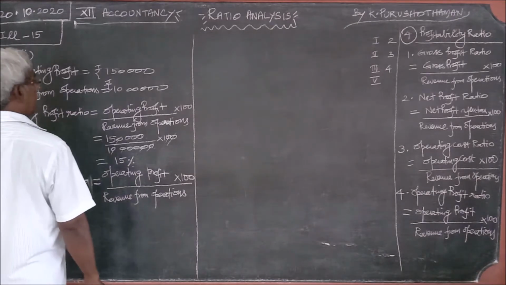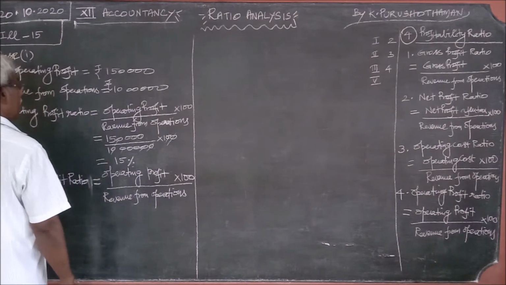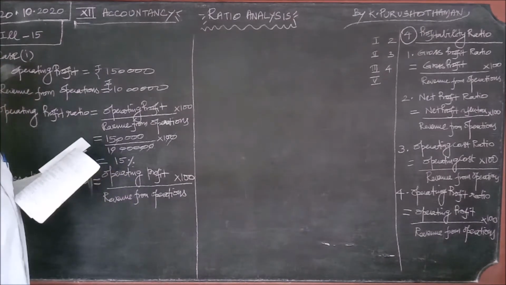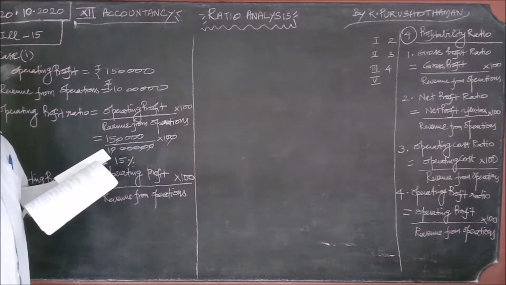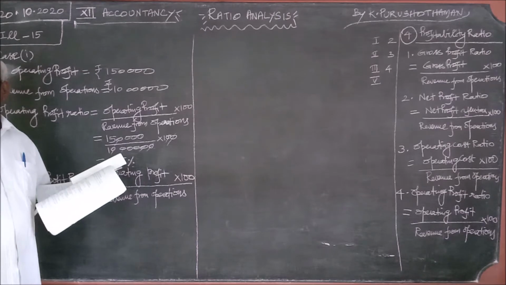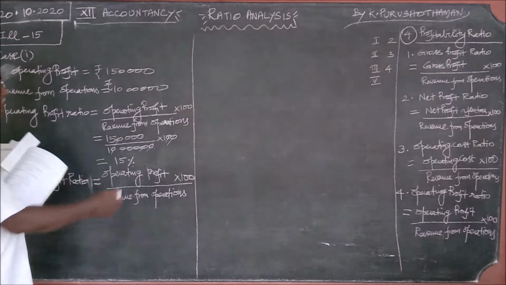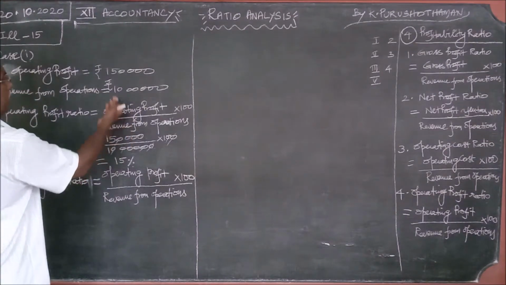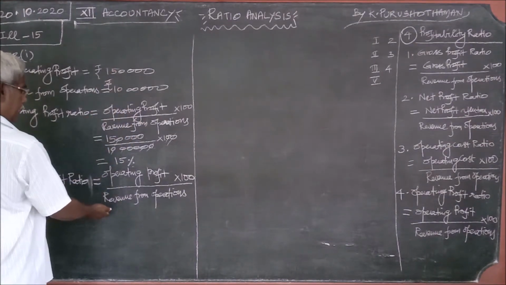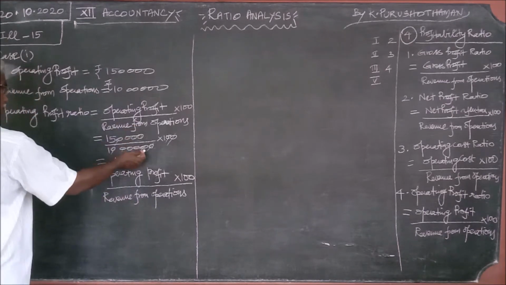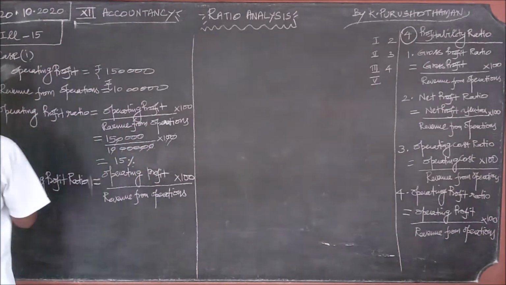What is the speciality in the first case? If you remember the formula, operating profit ratio is equal to operating profit divided by revenue from operations into 100. The values of the numerator and the denominator are given straight away, so you can just substitute and find.